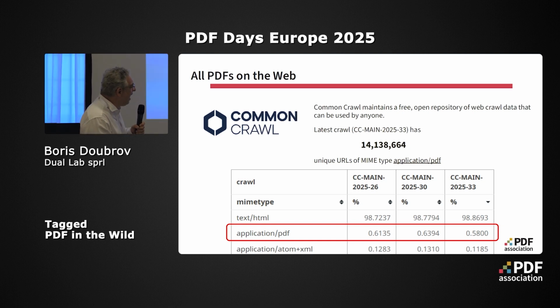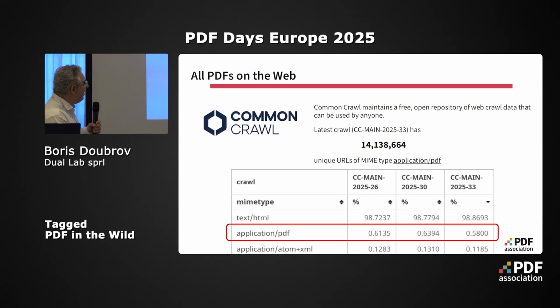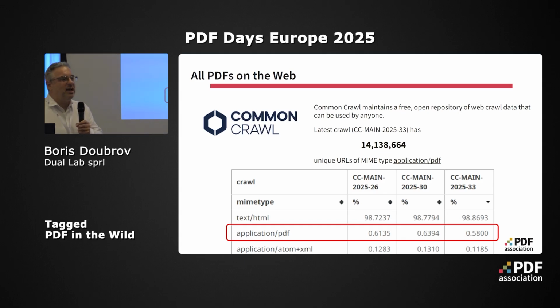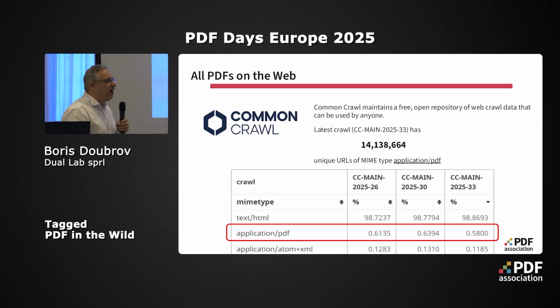Still, it comes second, with quite a gap to the third in terms of factors, which is XML. So at least that shows that PDF is really very popular on the web, if we don't count HTML.